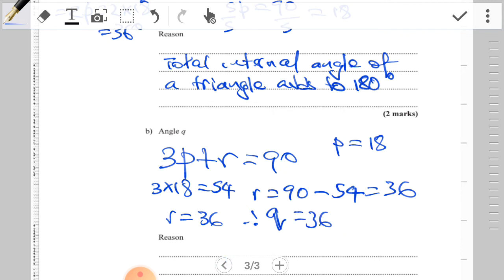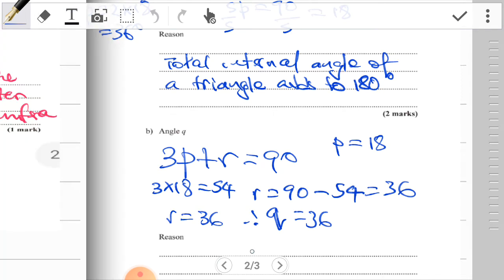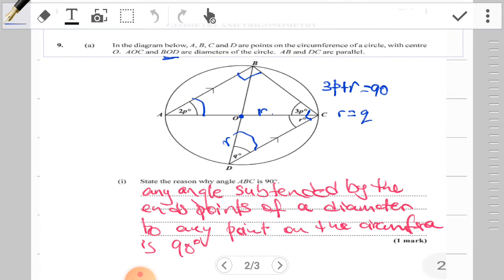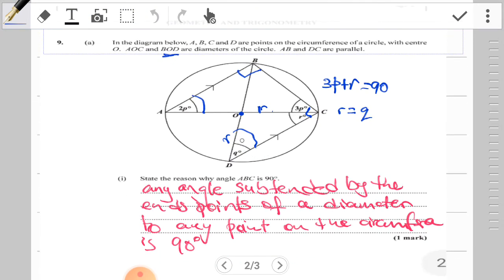All right, let's look at it. Q is 36 here. That's one. There are other ways that we could get it. So I'm going to show you another way we could get 36 easily. Remember that this angle here is 36. Angle in the same segment are equal.